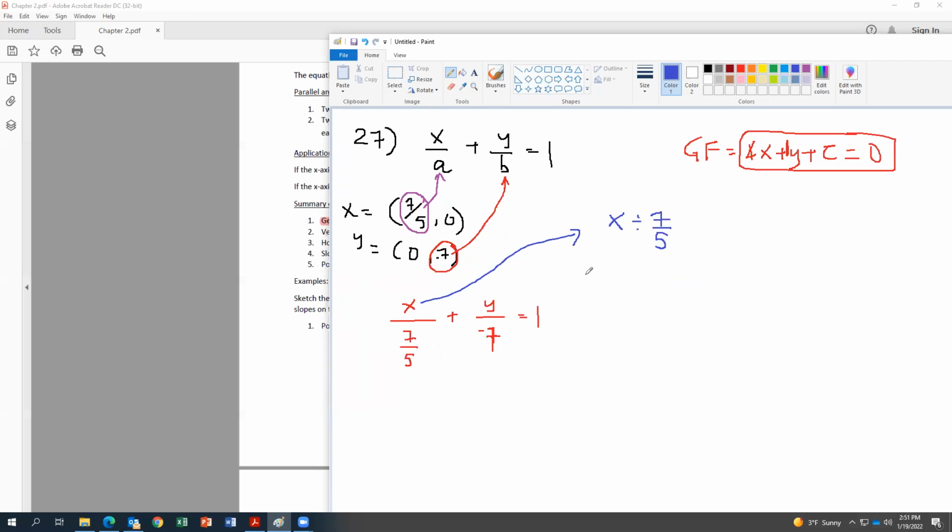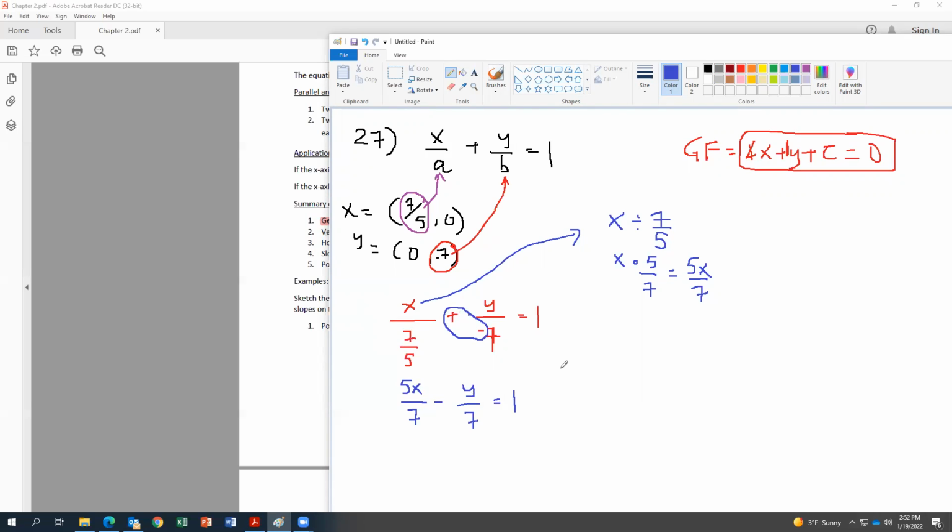We can change the division to multiplication as long as we flip the back fraction, so this becomes 5x over 7. Now, the plus and the minus in the middle term become just a minus. We get y over 7, and this equals 1.